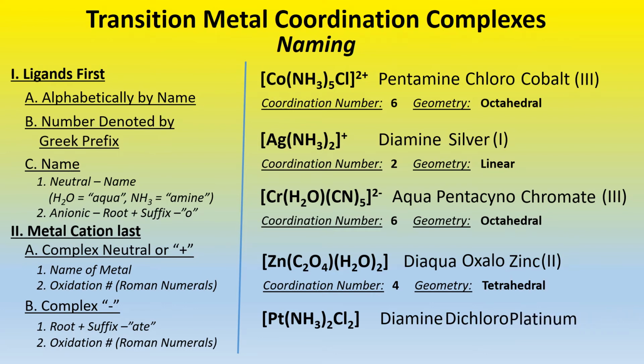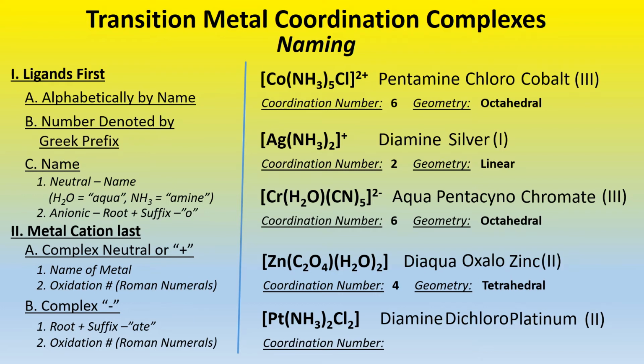Pt is platinum. Ammonia adds up to 0. 2 chloride ions give you a -2. If the entire charge is 0, that means the platinum is +2 for a full name of diamine dichloro platinum 2.